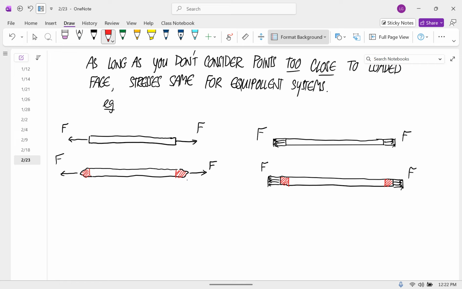The differences in those stresses are only happening close to where the loads are applied.